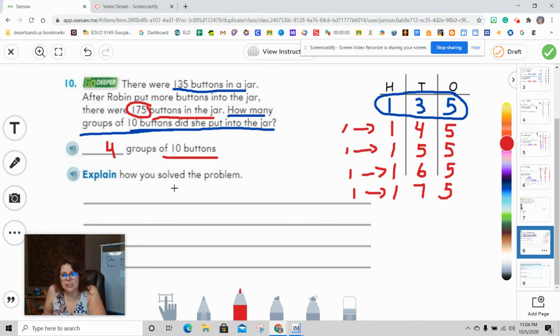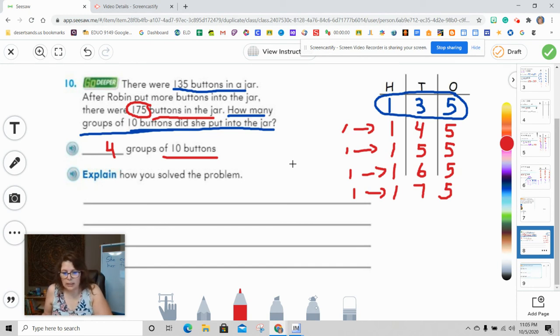And it says, explain how you solve the problem. So how did we solve this problem? By counting by tens. We can say the digit in the tens place started at 3. So we say 135 in my head, 145, 155, 165, 175.